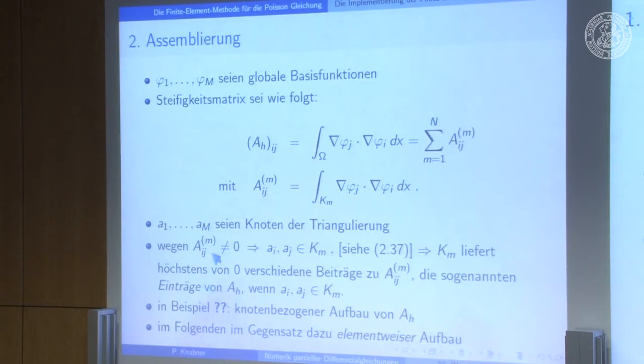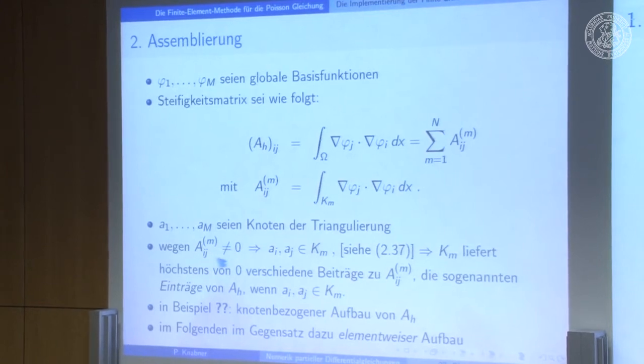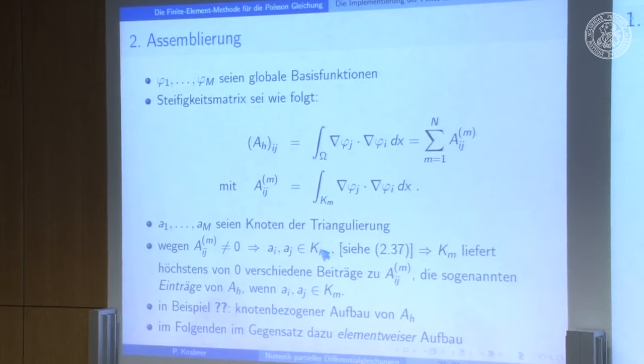First of all, if a_1 to a_M denotes the nodes, then we know the only situation where we can have an entry here is if these two nodes belong to the element M. So we only have entries where nodes come together which belong to this M. So computing this part, we only have entries at the nodes which belong to this element.